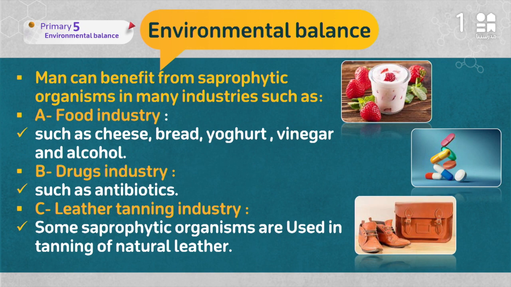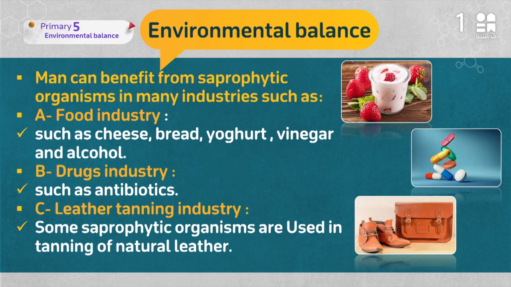كمان الdrugs industry بنقدر ان احنا ناخد some types of saprophytic organisms بتساعدنا in making medicines such as antibiotics. ده in the drugs industry. The third industry also that benefits from the saprophytic organisms, the leather tanning industry. There are some types of saprophytic organisms that are used in tanning of natural leather.